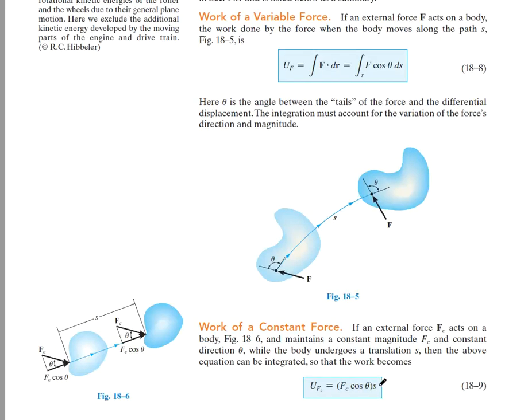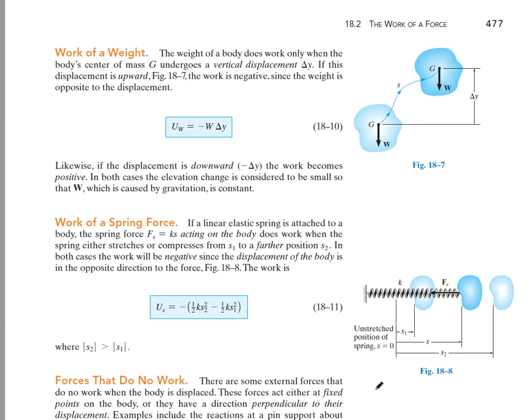If the force is constant, then the work of the force is going to be this constant force times cosine theta. So constant, yes, but not necessarily aligned with the direction of motion of the body. Cosine theta times s, the curvilinear displacement. Work of weight is negative of the weight force times the vertical displacement.